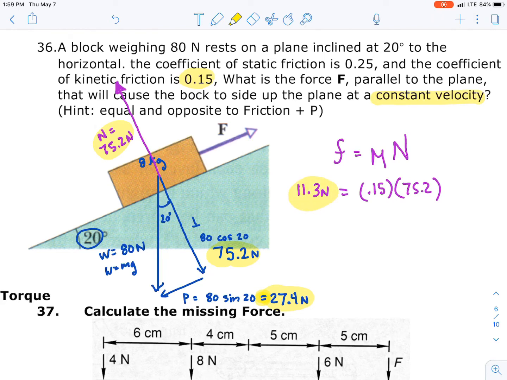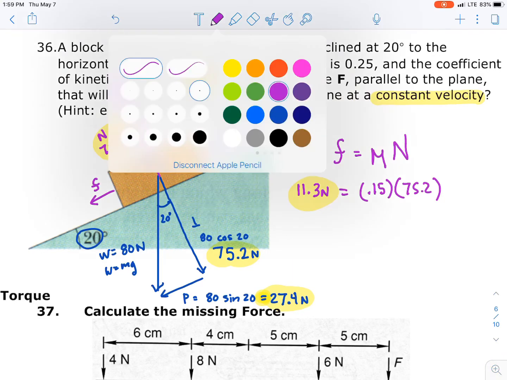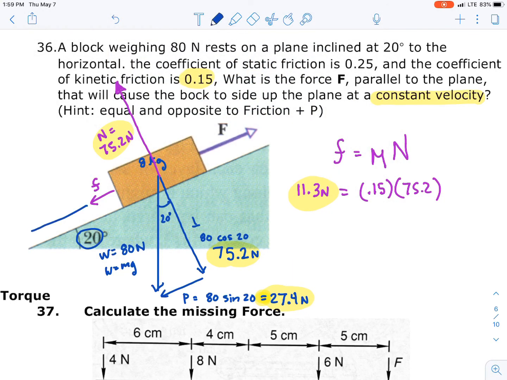All right, now, we're going up the ramp, right? So that means friction is going to go down the ramp. So we have friction pushing here, well, holding back, right? And then we also have that parallel force pushing there too, which we had in blue, so I'll draw it in blue. So we had that parallel force there also.